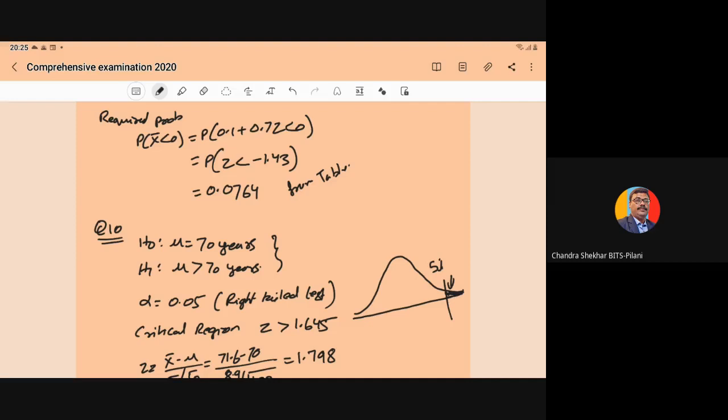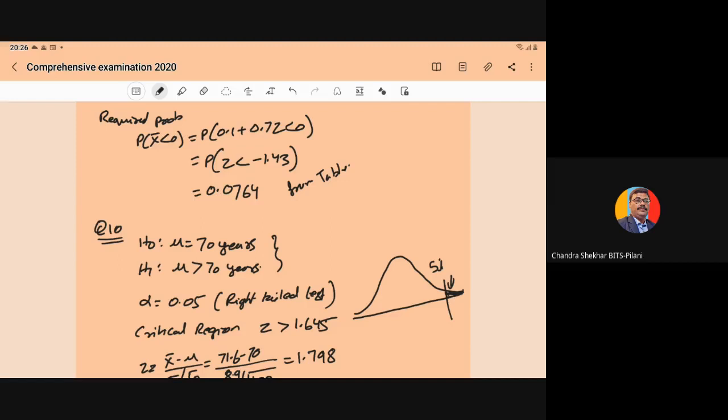Always in the null hypothesis we have the equal to, and in the alternative we have less than, greater than, or not equal to only. So from the given question, the average lifespan mu is equal to 70, and H1 will be mu greater than 70, because we are claiming that the average life is more than this.